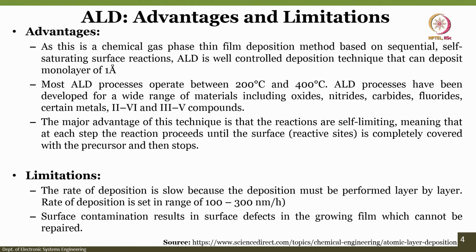Okay. So, that is one advantage. The second is most ALD processes operate between 200 and 400 degree centigrade. So, the temperature is also extremely low. ALD processes have been developed for a wide range of materials, including oxides, nitrides, carbides, fluorides, certain materials like 2,2,6 and 3,2,5 compounds. That is another thing, that several kinds of materials we can deposit.